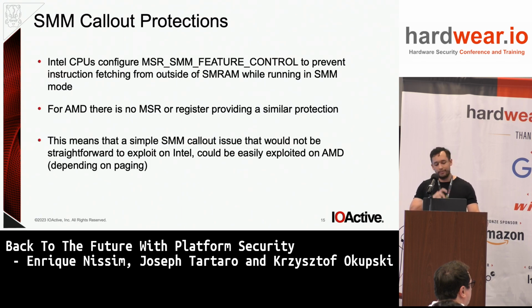In Intel, we have a feature called MSR SMM feature control, which, when configured, prevents the processor from fetching instructions from outside the TSEG region while in SMM. So that's good. That prevents a lot of easy callout exploits from working. In the case of AMD, there's no such register, so no similar protection, which means that a bug that might not be exploitable on Intel is easily exploitable on AMD, depending on paging, of course.